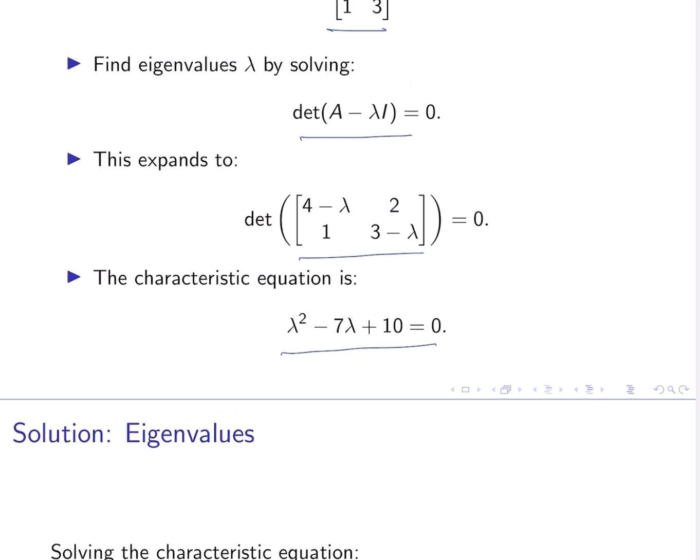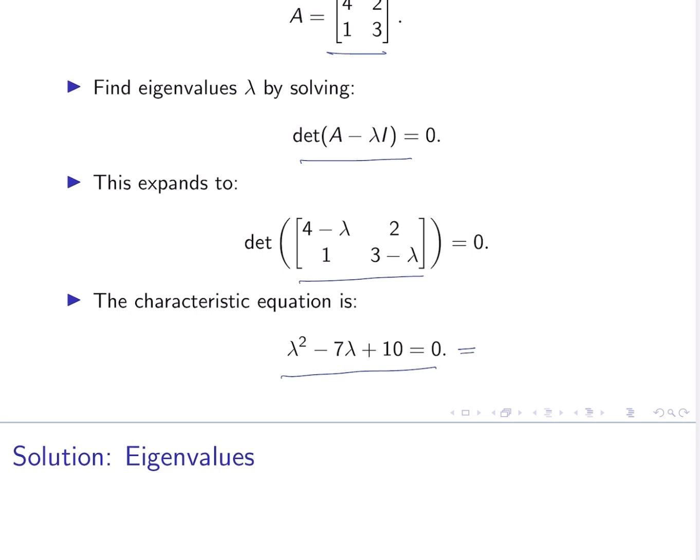This equation can be easily written as lambda square minus trace of A into lambda plus determinant of A.